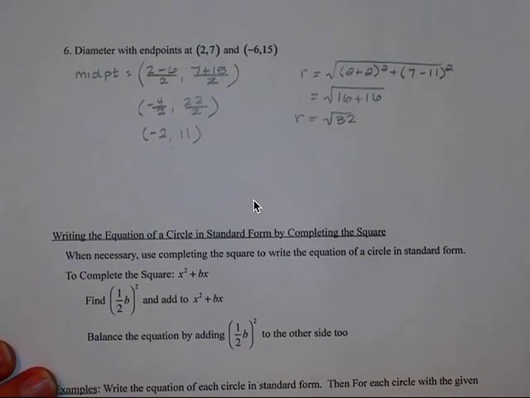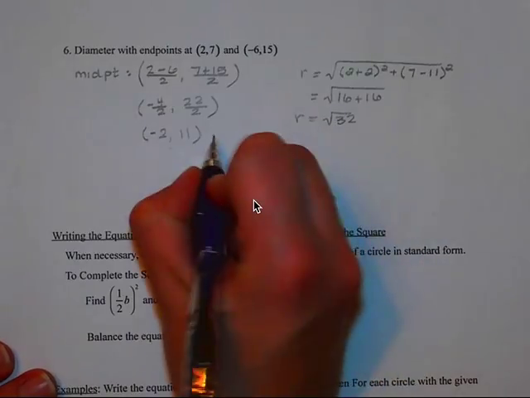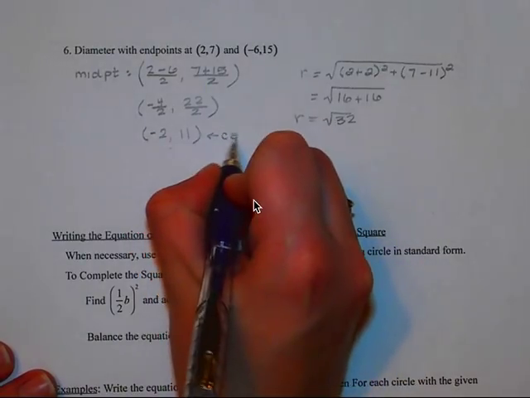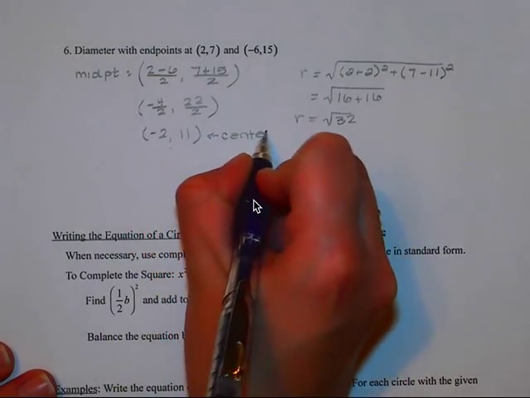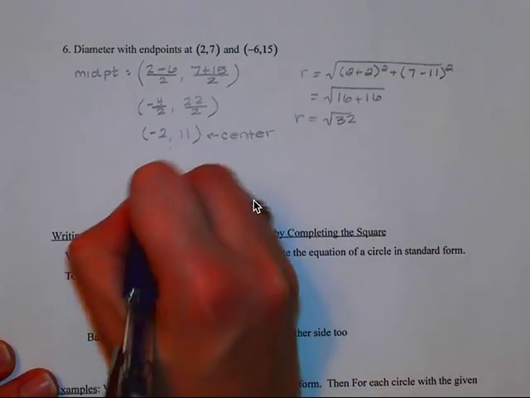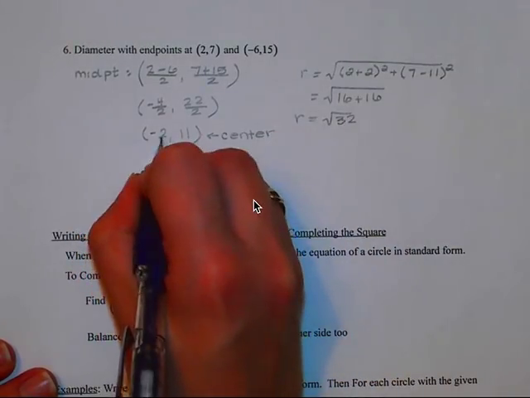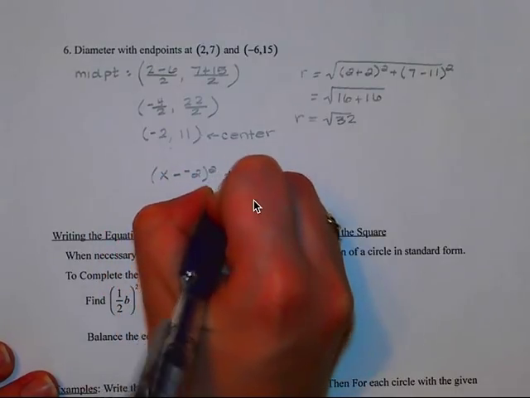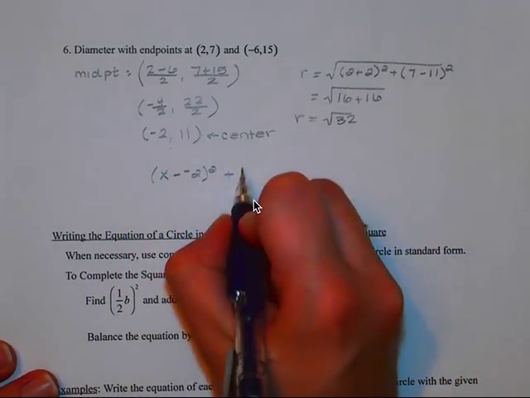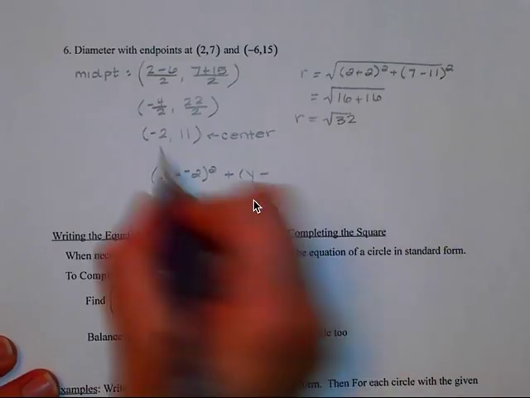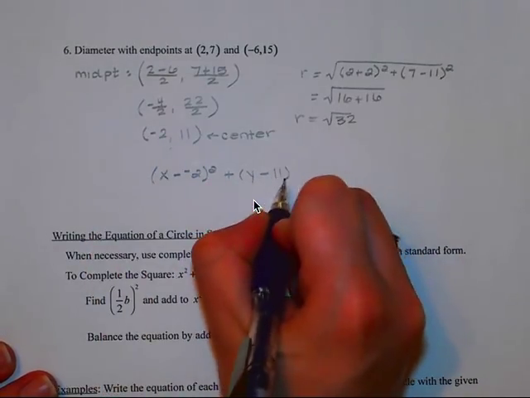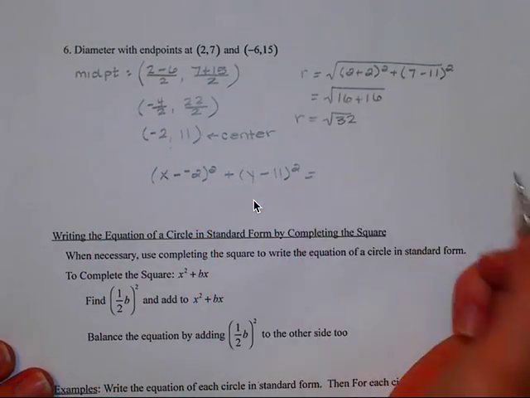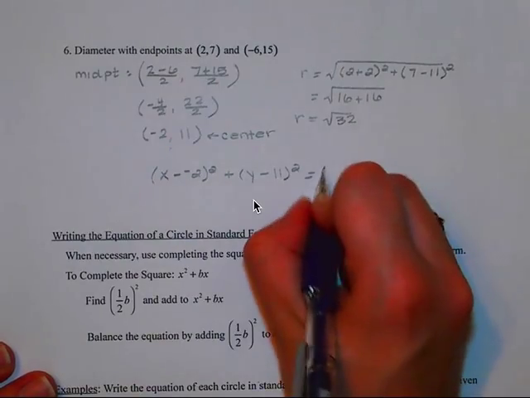So now that we have our center and we have our radius, we can write the equation for this circle. So let's do x minus the x coordinate of the center, negative 2, squared, and y minus the y coordinate of the center, 11 squared, equals our radius squared.